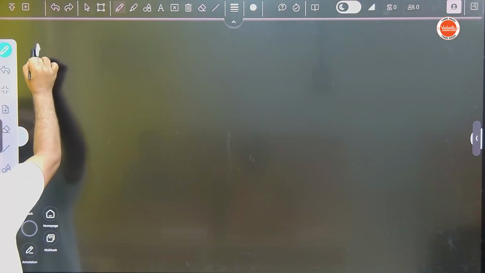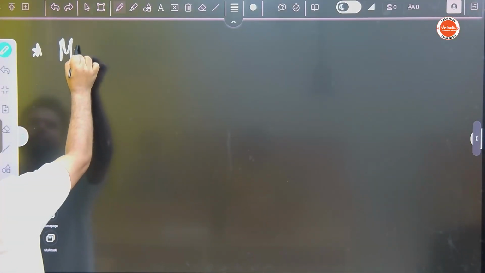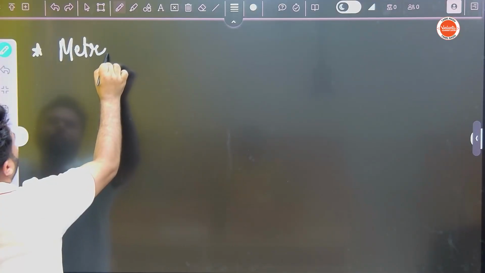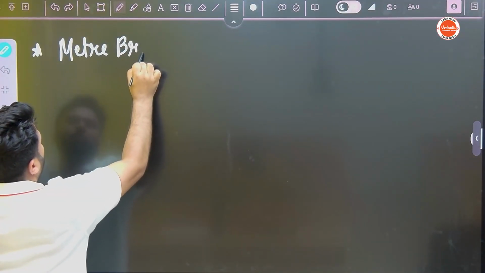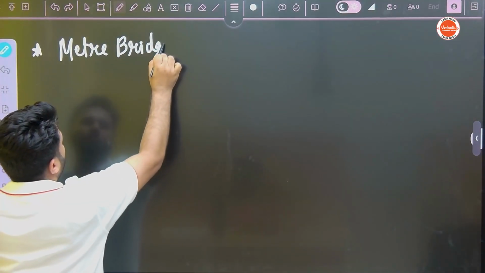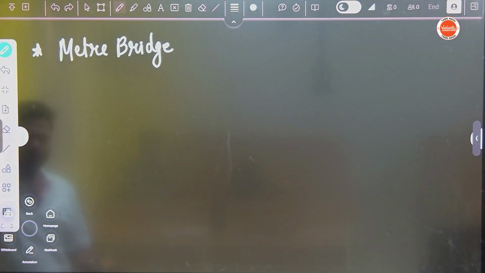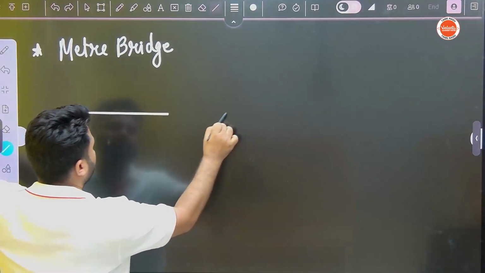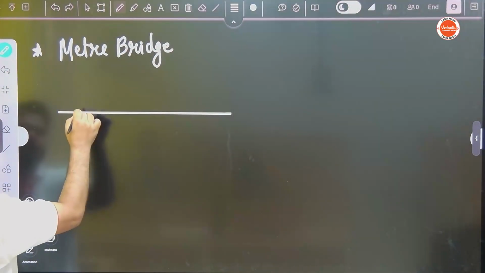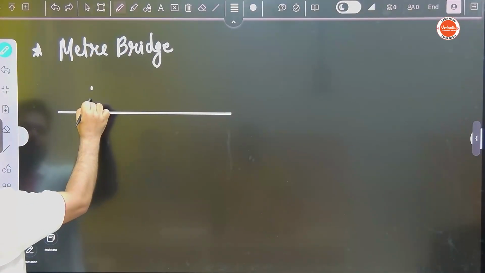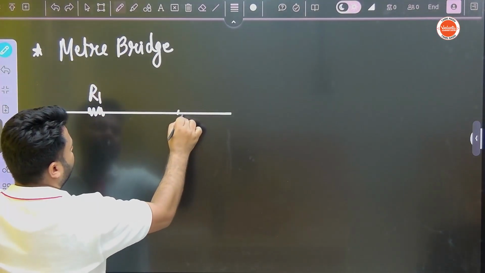Last 1 minute I will take. Meter bridge. Meter bridge also has the same kind of apparatus. Here some R1 is there. Here some R2 is there.